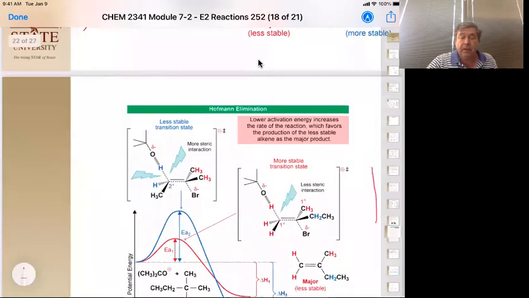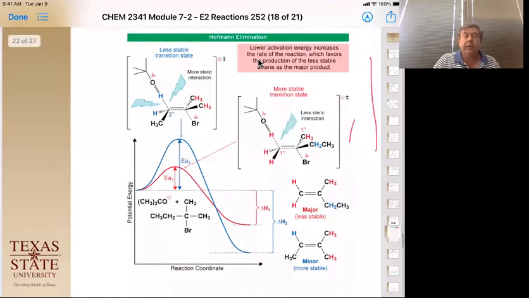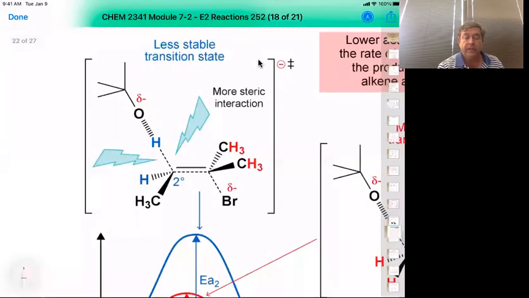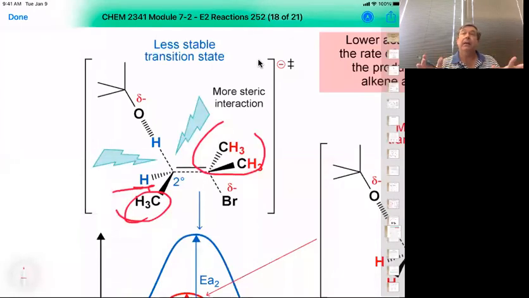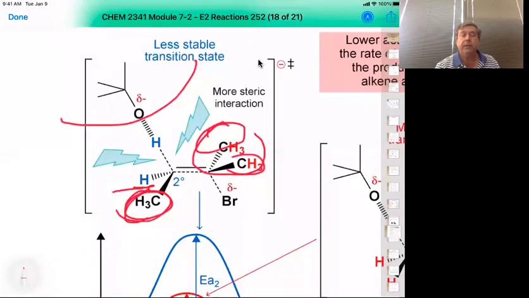Let's first look at the transition state of what we thought would happen, where we're trying to remove the hydrogen from the secondary carbon right here. In this transition state, we have this methyl group and these groups over here acting as big bulky items, so as our base comes in, it's being pushed away by this methyl group and this methyl group and this methyl group.